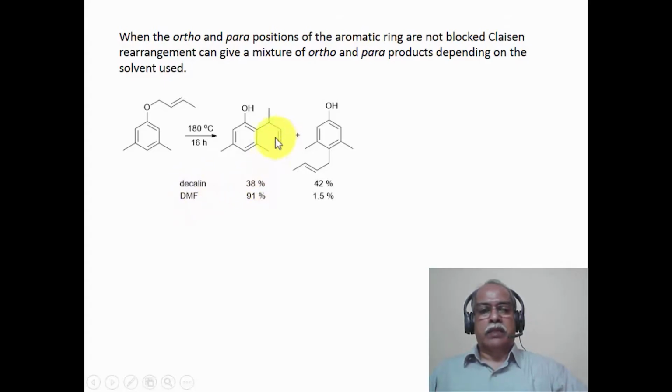So the rearrangement essentially can proceed either through a 3,3 sigmatropic rearrangement or a 3,5 sigmatropic kind of rearrangement, which forms the para substituted product. In decalin they are formed in nearly equal amount, whereas in DMF the 3,3 sigmatropic rearrangement product is the major product that is formed under the reaction condition.